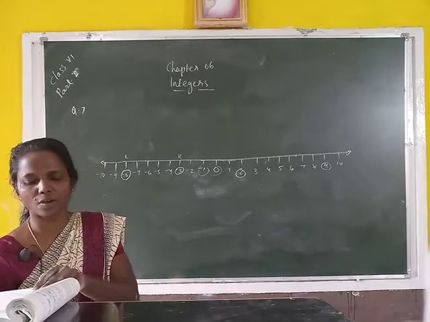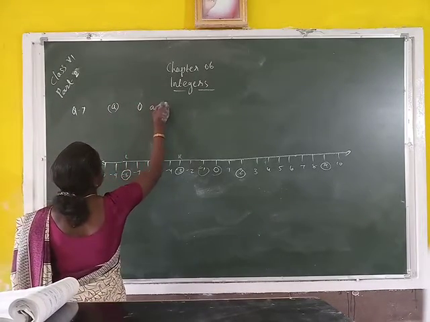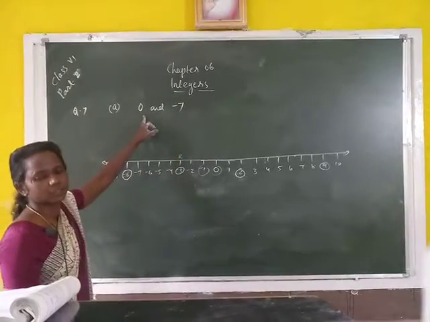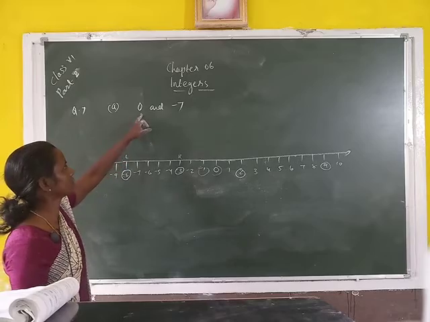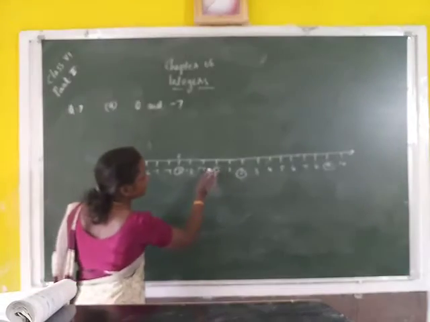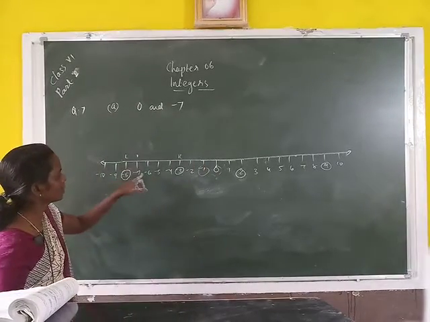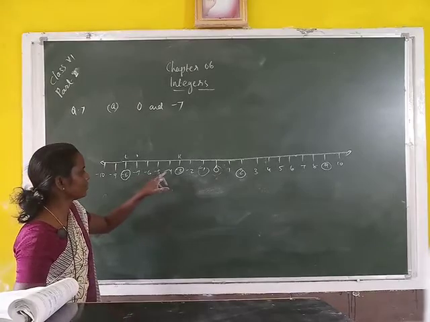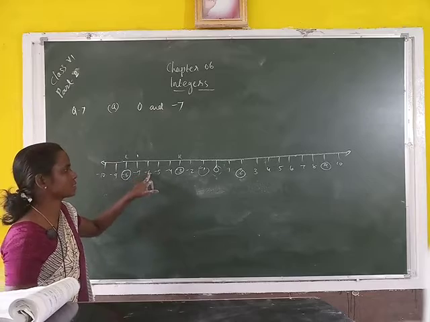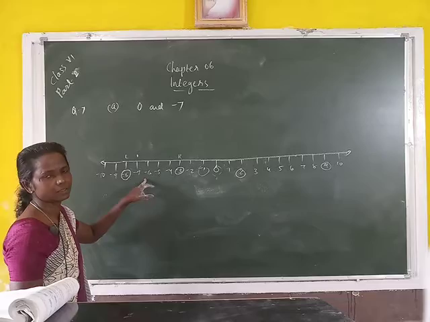First, 0 and negative 7. Between 0 and negative 7, how many numbers are there? Negative 6, negative 5... 1, 2, 3, 4, 5, 6 numbers: negative 1, negative 2, negative 3, negative 4, negative 5, negative 6.